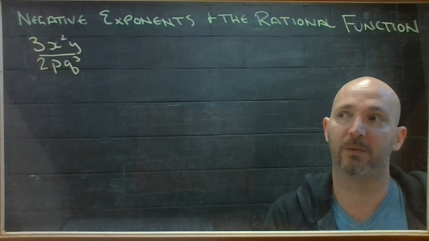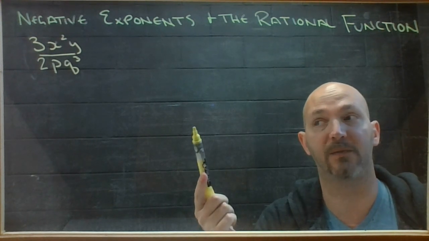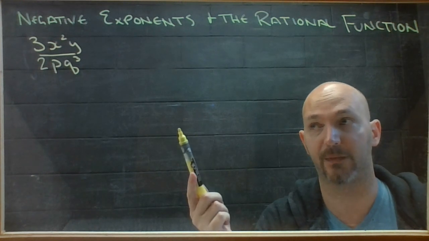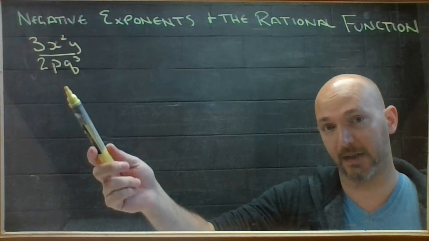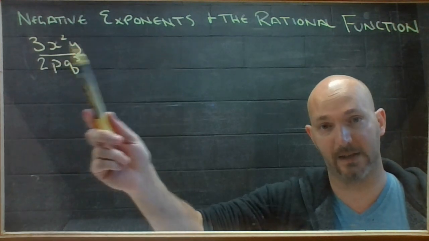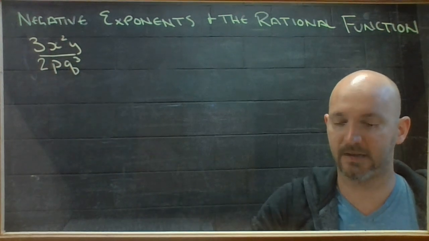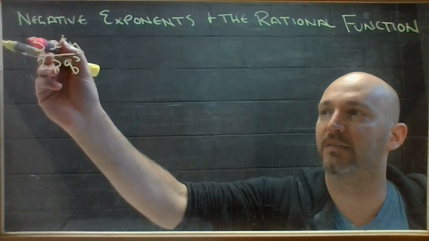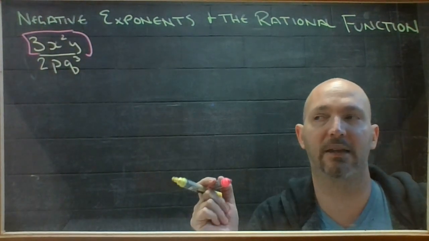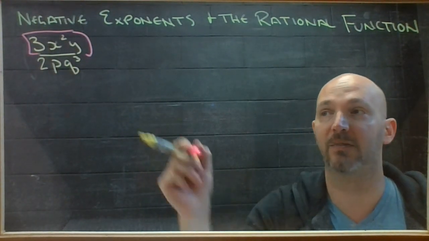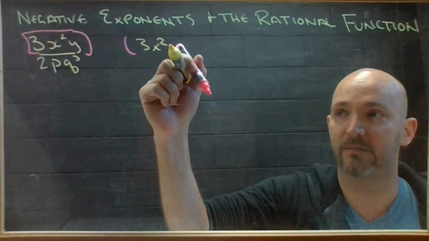Okay, so I have an expression here that is a bunch of letters and numbers in a fraction. And I want to stop writing it as a fraction. I want to start writing it as negative exponents. So I'm going to look at this stuff up here, this 3x squared y. Now, it's not in the denominator, so it's just minding its own business.